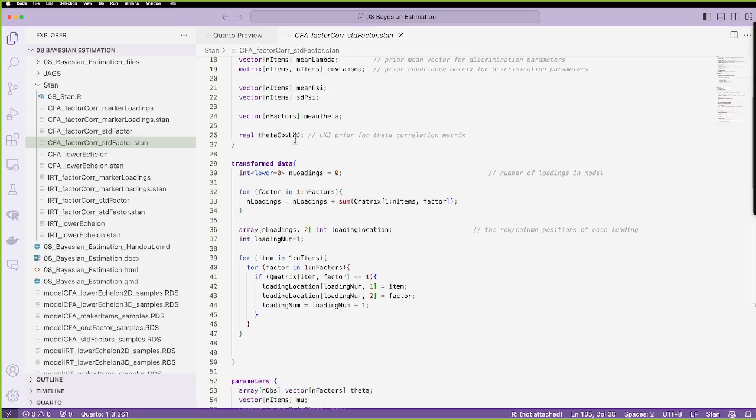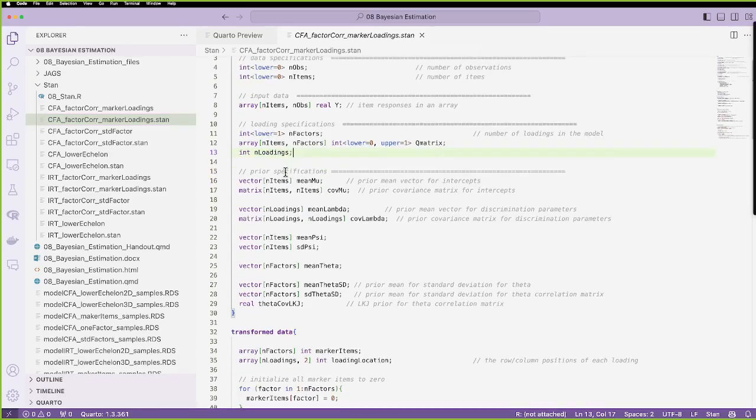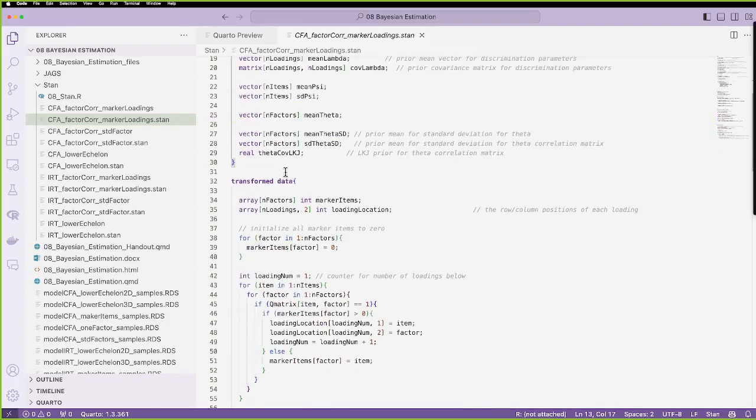So this is the model for CFA. This is a confirmatory model with standardized factors. I have another model that uses marker loadings. This is where we estimate the full covariance matrix, not the correlation. But remember, to estimate the factor variances, we have to set one loading equal to zero for each dimension. This is what happens here.